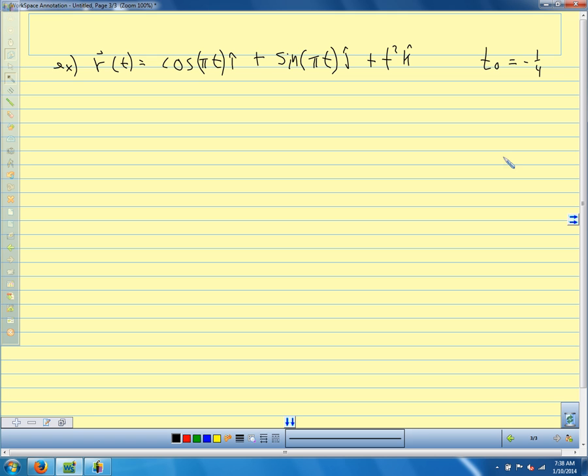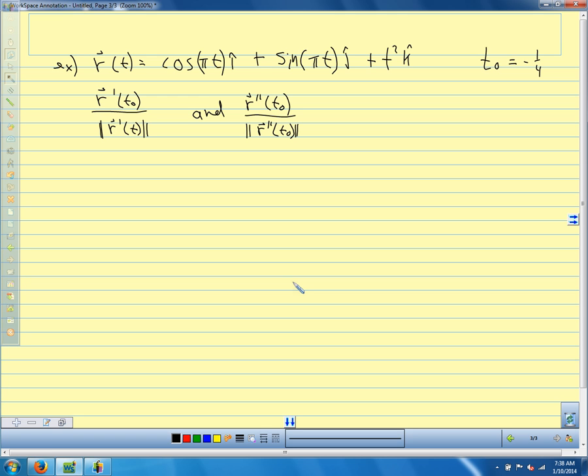So before we start, we want r prime at t0 over the magnitude of r prime at t0, and r double prime at t0 over the magnitude of r double prime at t0. So we're just going to calculate these derivatives.